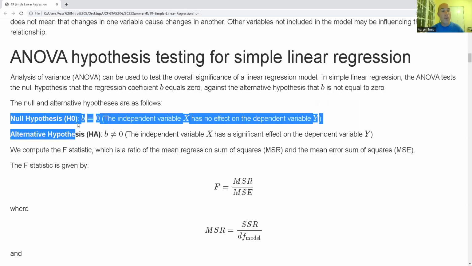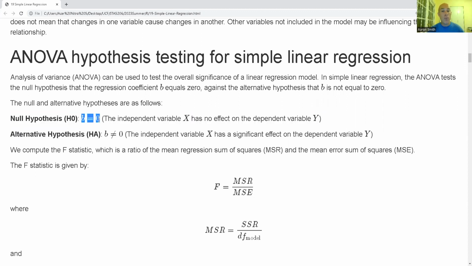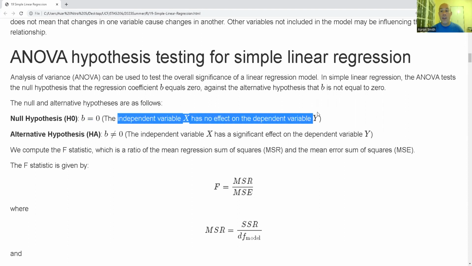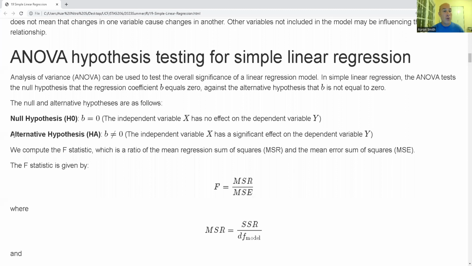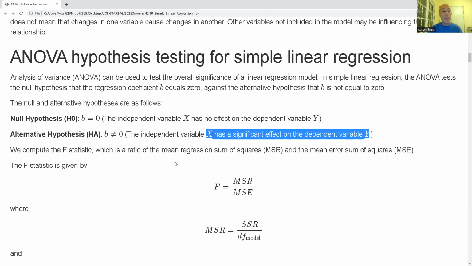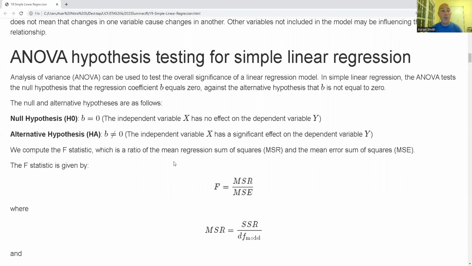The null and alternative hypotheses are as follows. The null hypothesis is that b is equal to 0, and this says that the independent variable x has no effect on the dependent variable. The alternative hypothesis is that b does not equal 0, and so what this is saying is that x has informative value towards y. And how we handle this? Well, it's ANOVA. I'm going to be doing an F statistic just like we do with regular ANOVA.